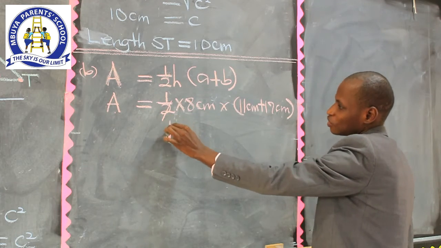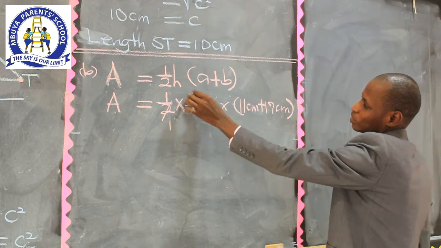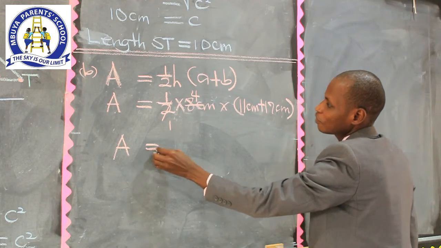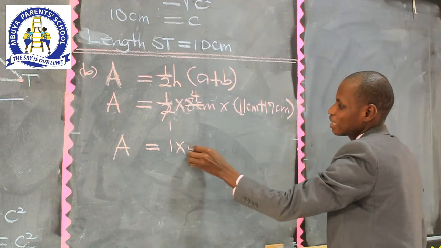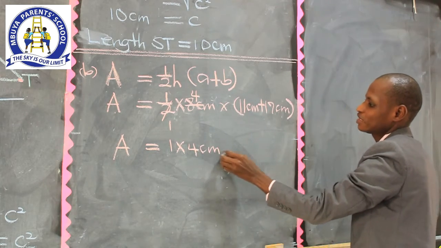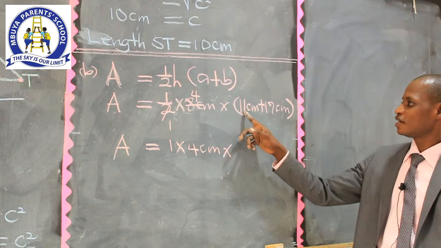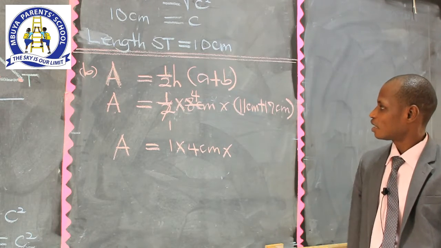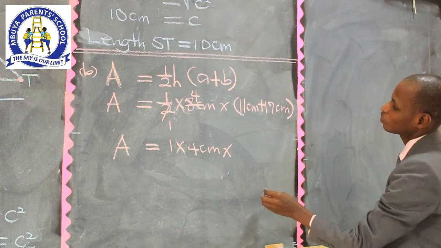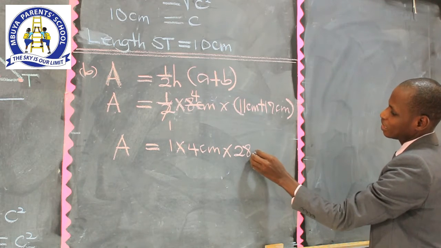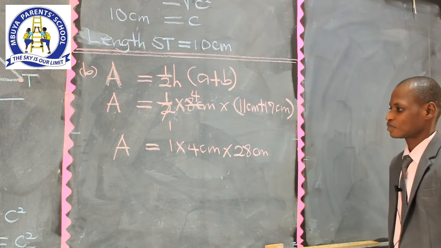Cancel by 2, this is 1. Cancel by 2, this is 4. We come down and have 1 times 4 centimeters. Then we multiply by the sum of 11 and 17, which is, of course, 28. And these are centimeters.